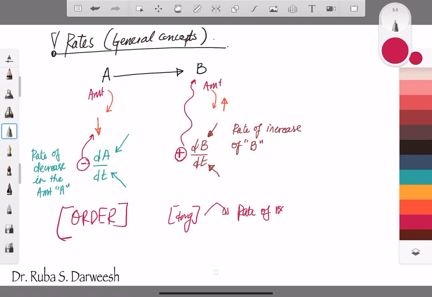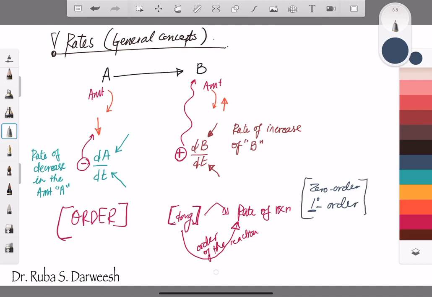So we represent how the drug concentration would affect the rate of the reaction by what we call the order of the reaction. There are many orders of reactions, but we are most importantly concerned about first order and zero order reactions. Those are what we will talk about in this class.